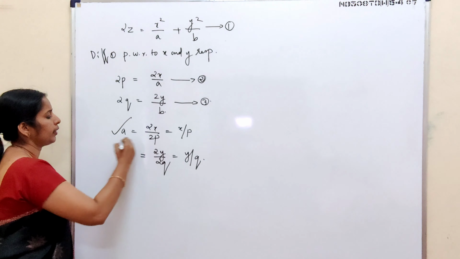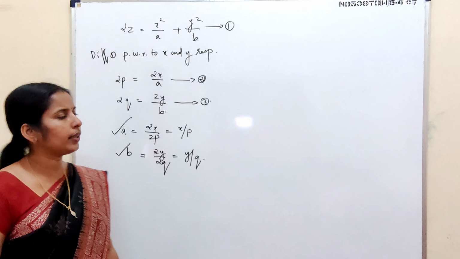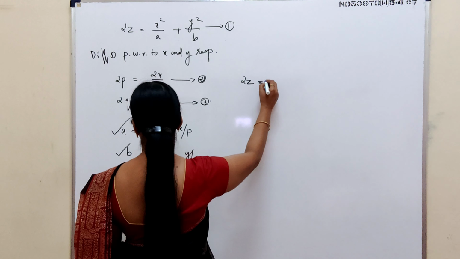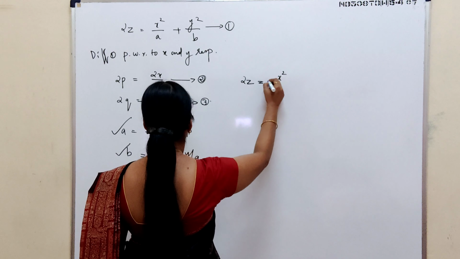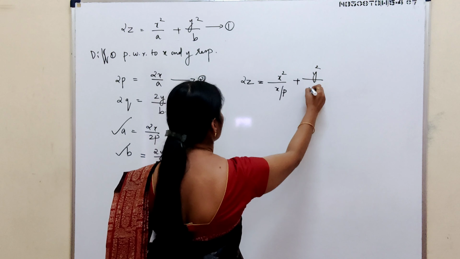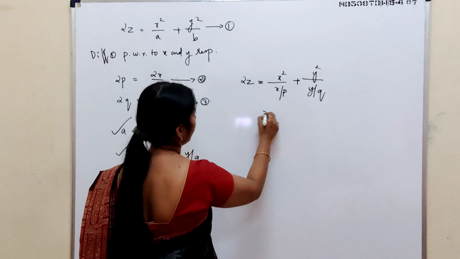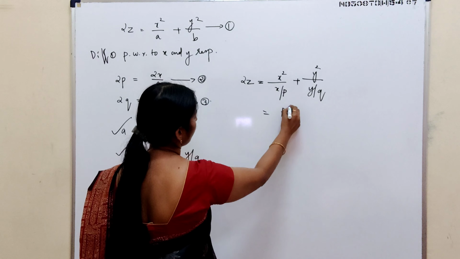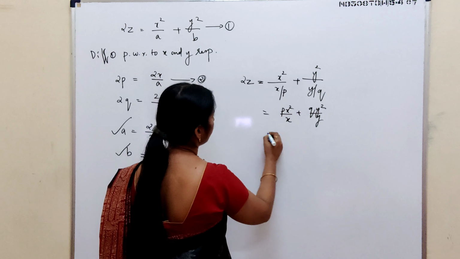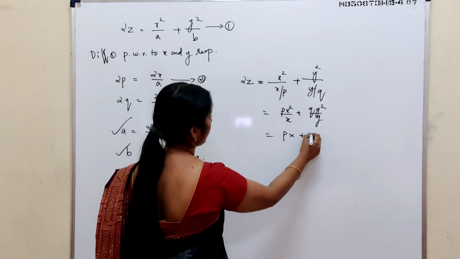Now we have the arbitrary constants a and b. So put in equation number 1, that is 2z is equal to x square by x by p plus y square by y by q. That is px square by x plus qy square by y. That is equal to px plus qy.